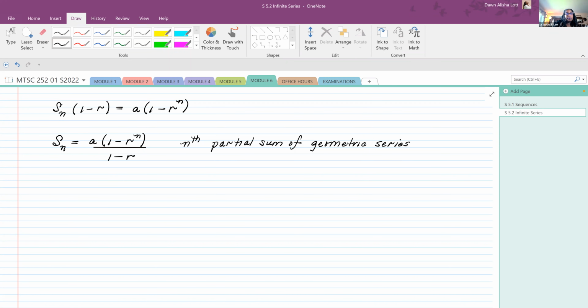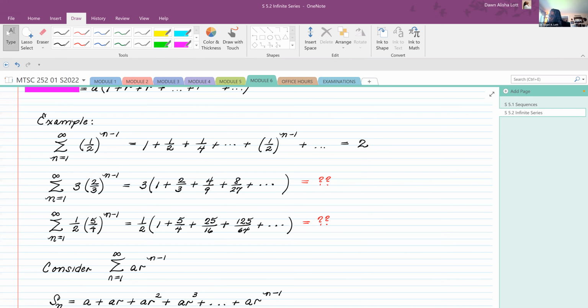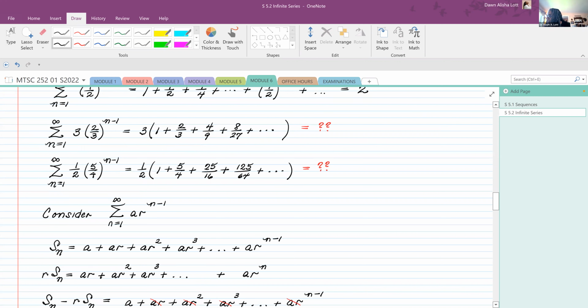So let's just go back and look at this for a minute. When I had 2/3, notice I got 2/3, I got 4/9, I got 8/27. These numbers are getting smaller because their absolute value is less than 1. But notice when I took 5/4, which is a little over 1, I had 25/16, which is getting close to 2.